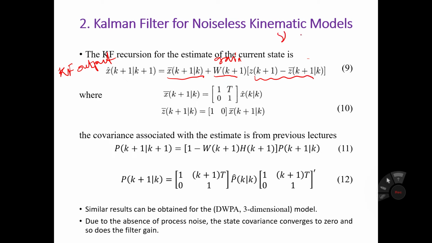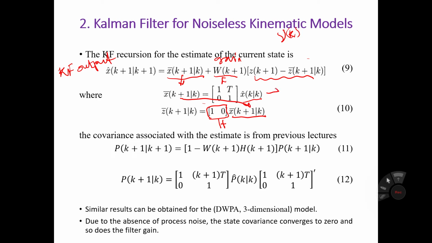Here this prediction is obtained by f into the estimate of this one. And similarly, the mean value of z is obtained by h. This is a measurement and the prediction of this.